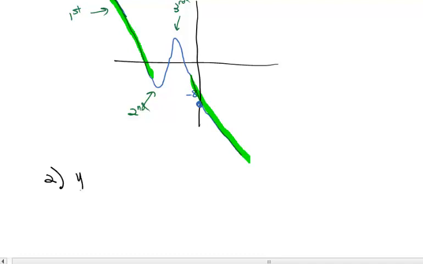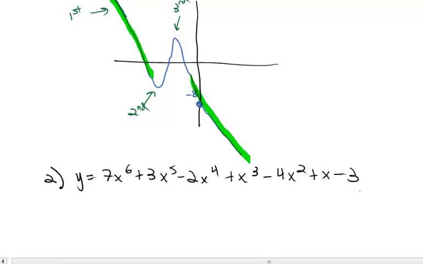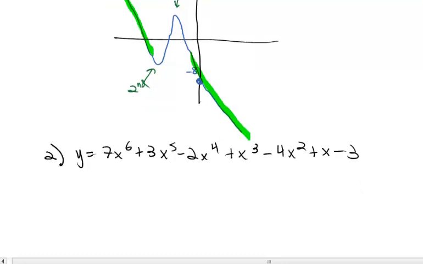How about this one? Y equals 7x to the 6th plus 3x to the 5th minus 2x to the 4th plus x cubed minus 4x squared plus x minus 3. So just getting an idea of the general shape of this graph.